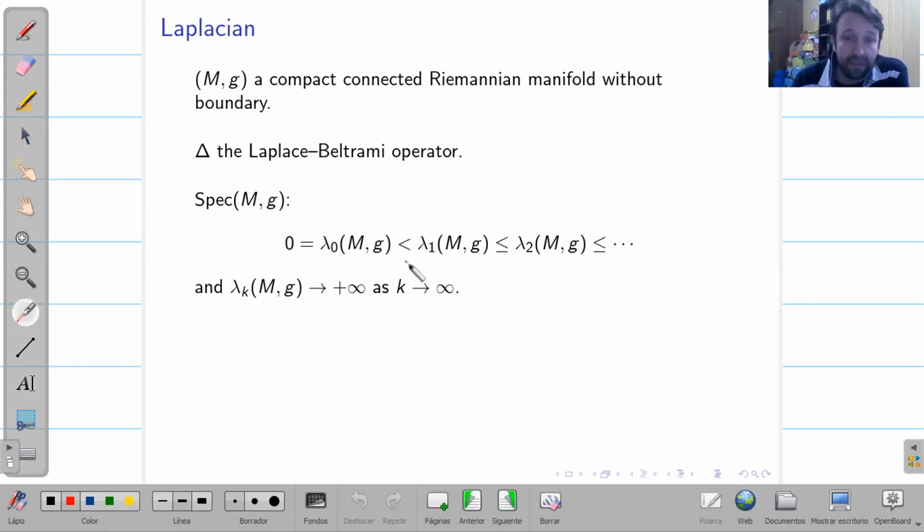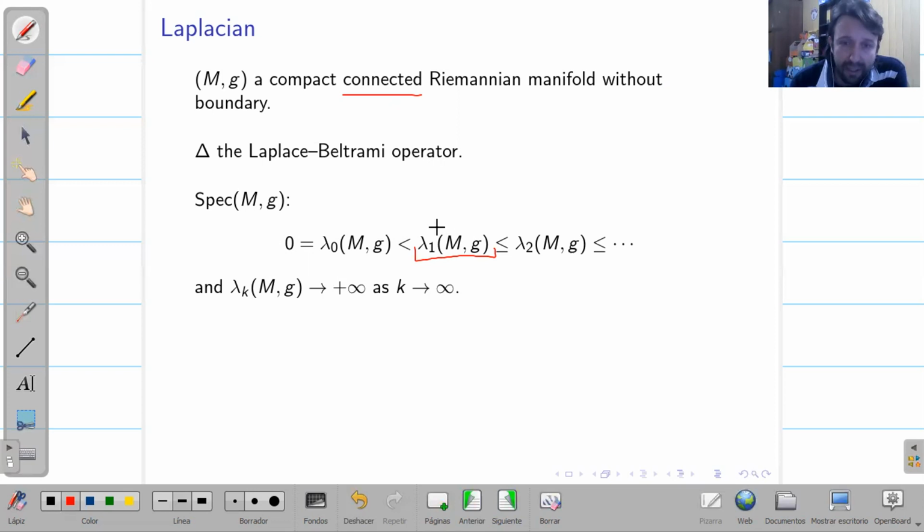In other words, if you put them in order, they go to infinity. And here there is one distinguished element, which is 0. 0 is always an eigenvalue with multiplicity 1, because of the constant functions and because M is connected. In general, the eigenvalue 0 has multiplicity the number of connected components, but here it has multiplicity 1.